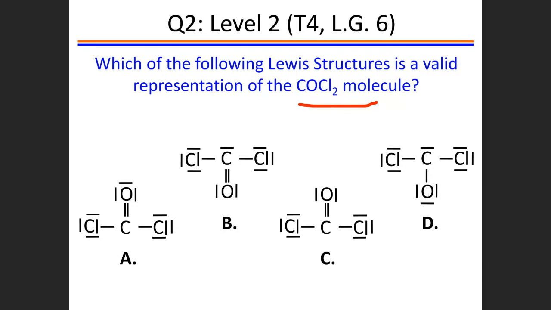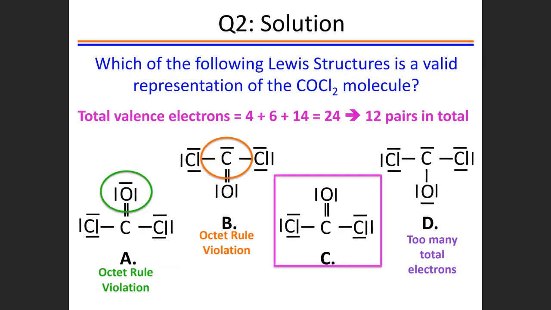How about the carbon here? Here is a 4, here is a 6, here is an 8. Now this is not the correct one, correct? This is a violation of the octet rule. If we look here also, if you count, there are too many total electrons, like the way we found here. So the correct one, if you count, you will find this one.